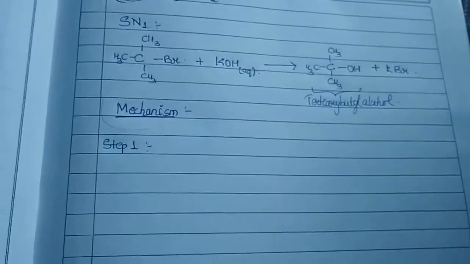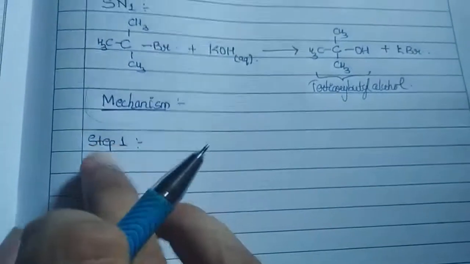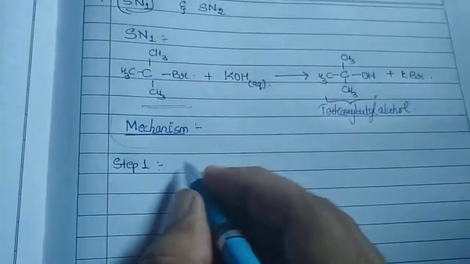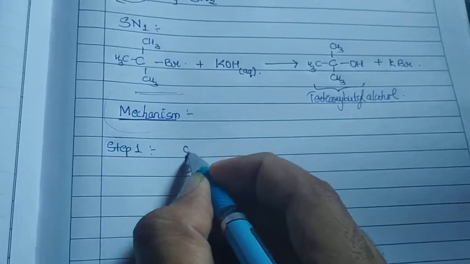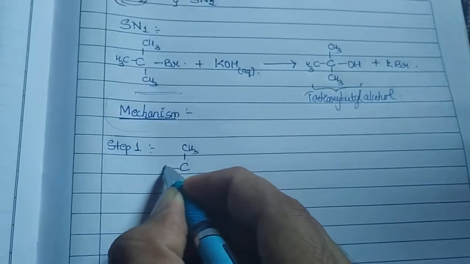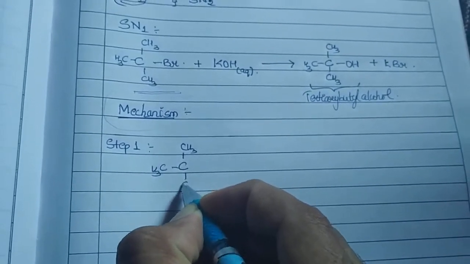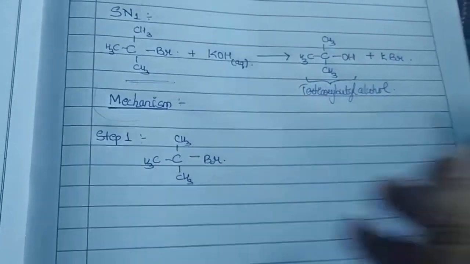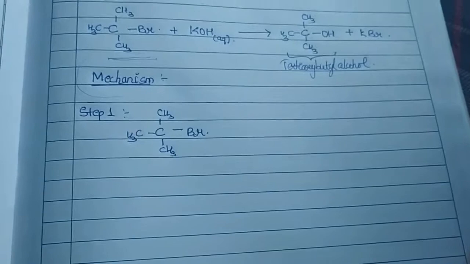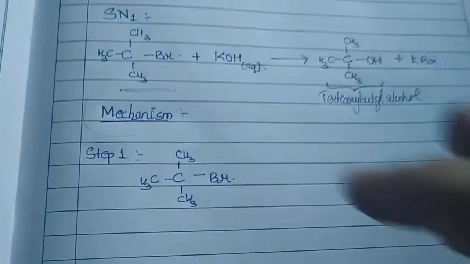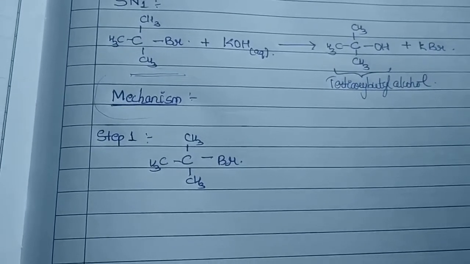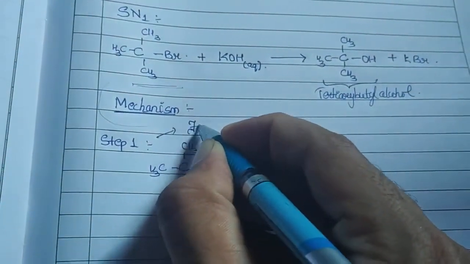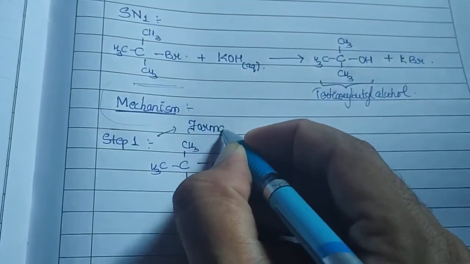Yes. So when I'm talking about step 1, what is the main important thing we are having? I am having my reactant (CH3)3C-Br. In the first step, of course, this is taking place in an aqueous medium. So in the first step, it involves the formation of our carbocation.